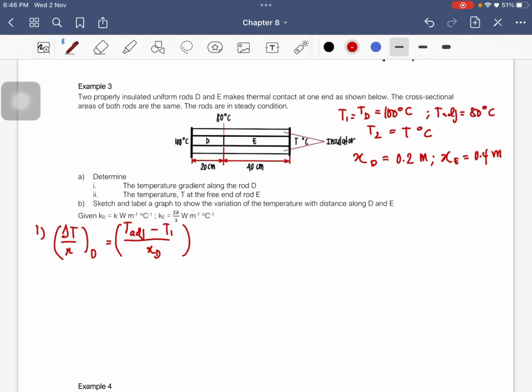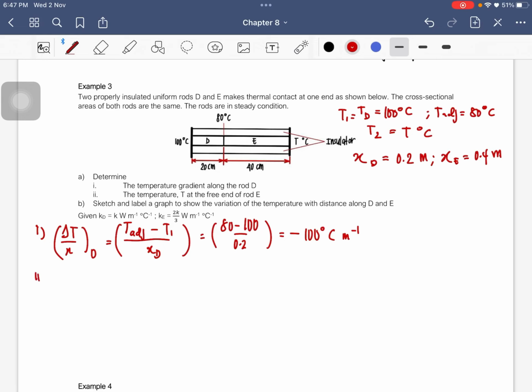So from there you just substitute. 80 minus 100 divided by 0.2, you will get negative 100 degrees Celsius per meter. So that is the unit of the temperature gradient.